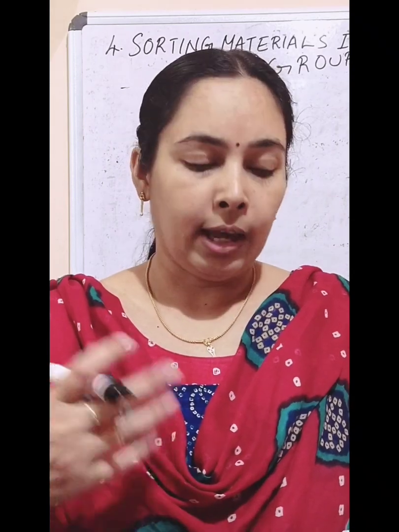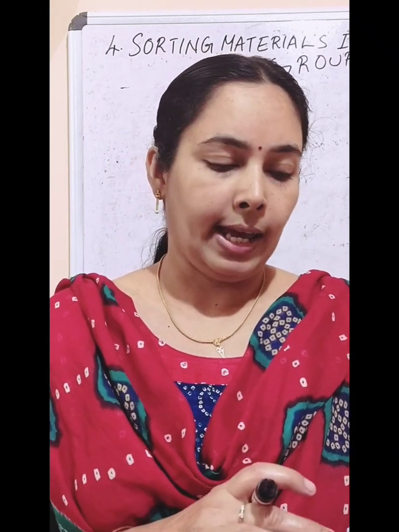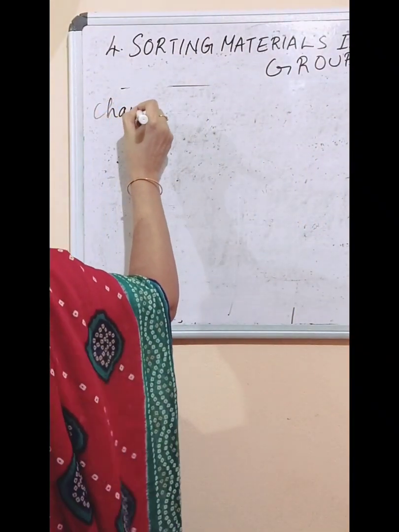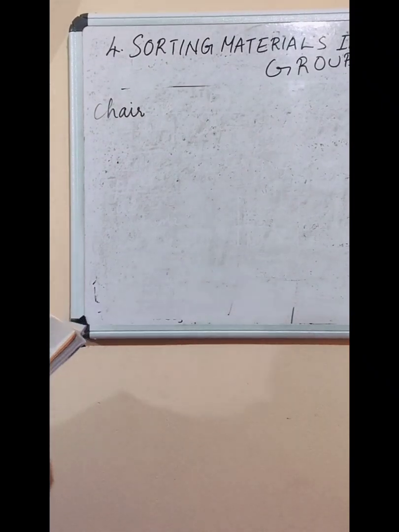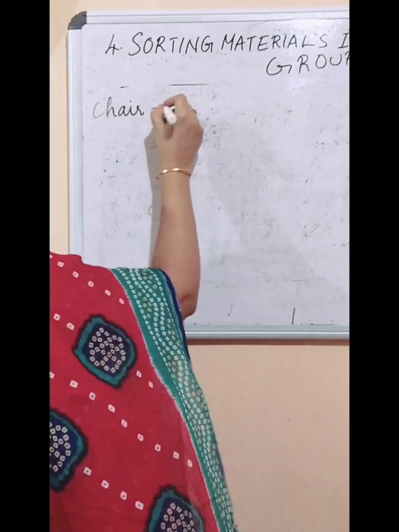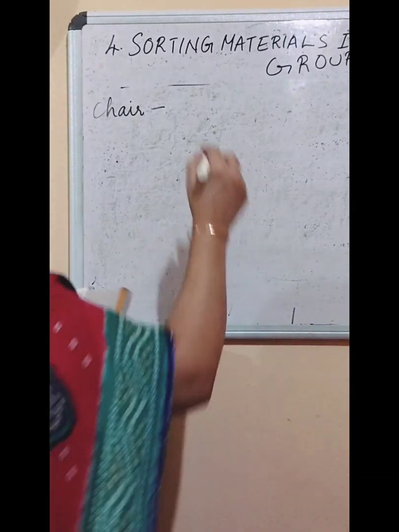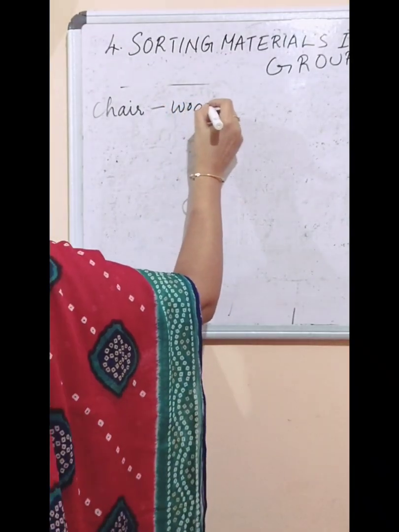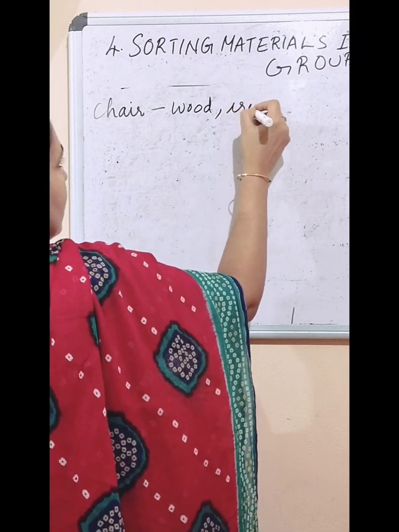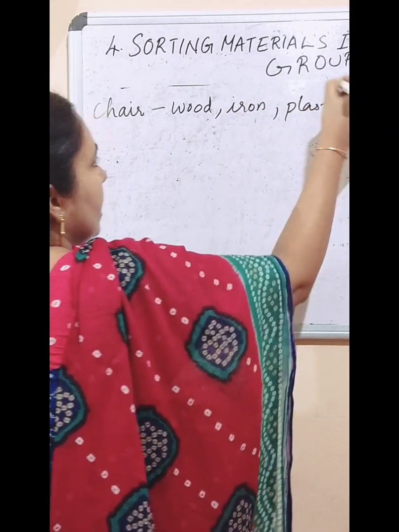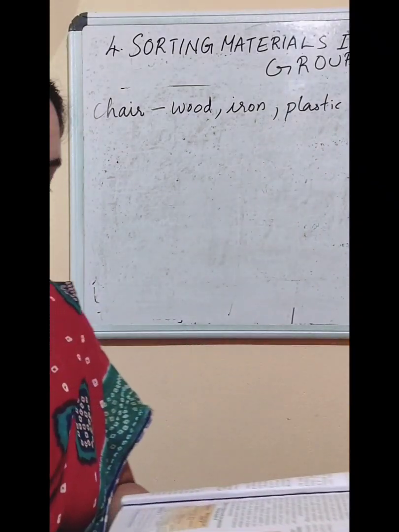Then you can fill the next two lines. So write the name of any other object. So for example, we can write chair. Chair is an object. So which all materials are used for making chair? Wood is used. Then what? Iron is used. Plastic is used. So many materials are used for making a chair. Then any other thing?